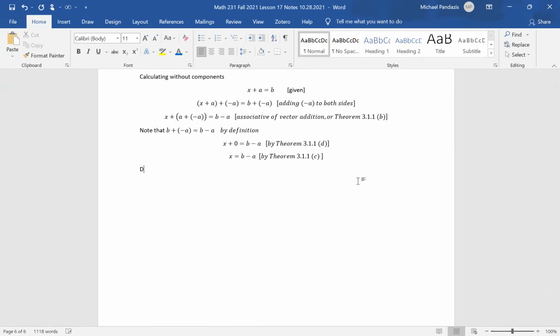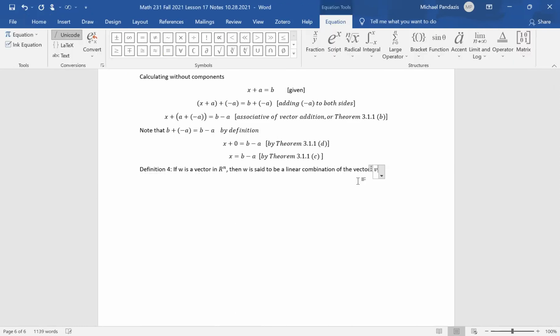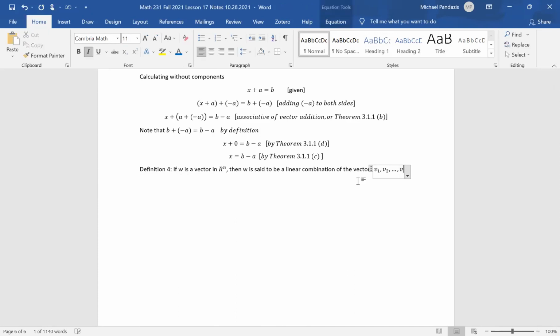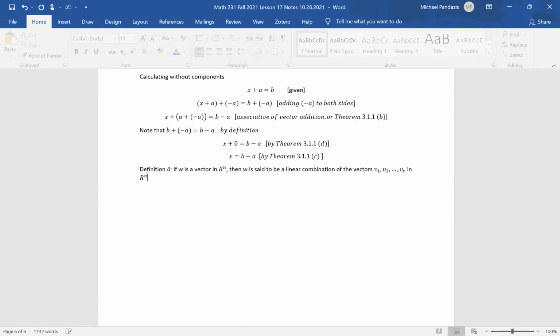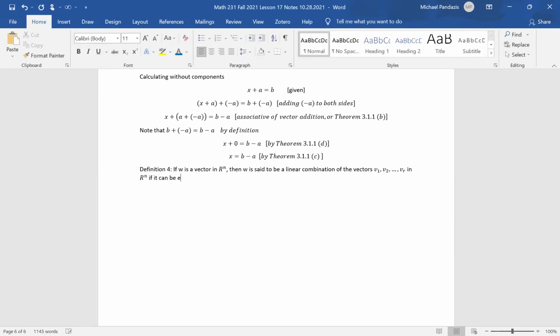Okay. So this is definition 4. If W is a vector in Rn, then W is said to be a linear combination of the vectors v1, v2, dot, dot, dot, vr in Rn if it can be expressed in the form.